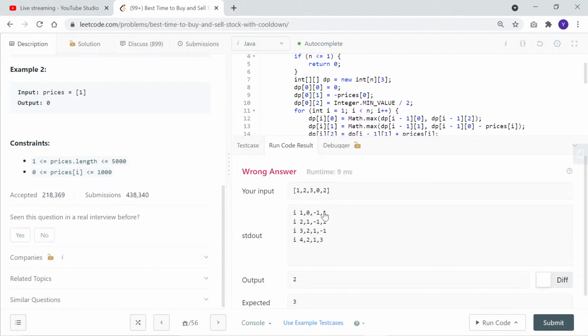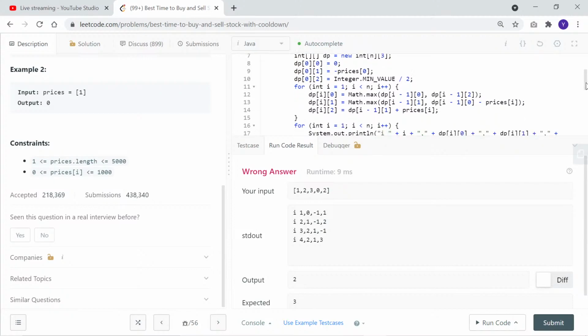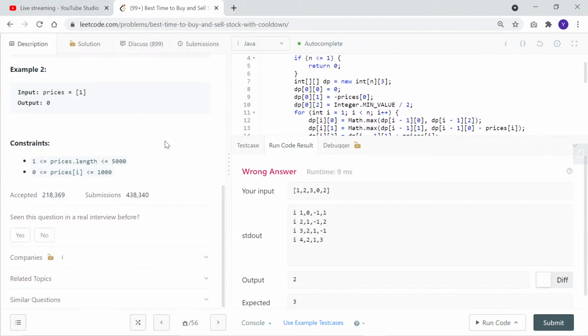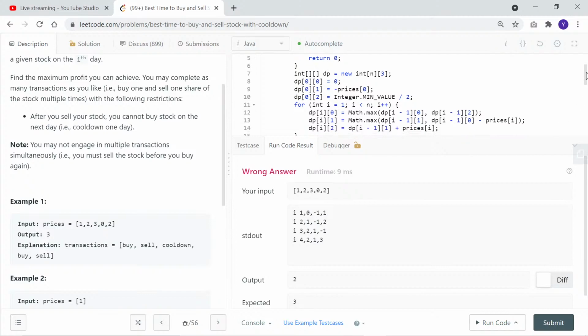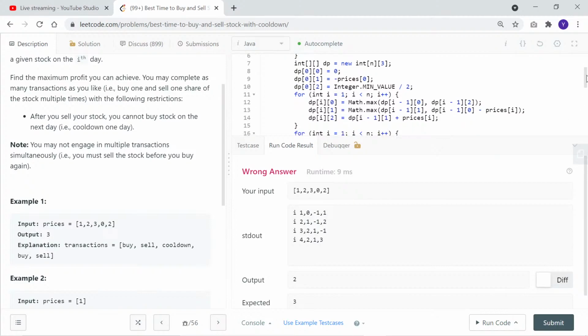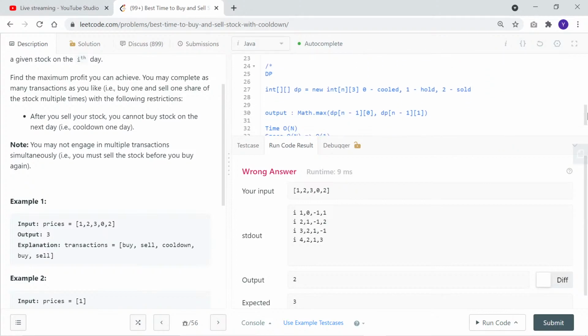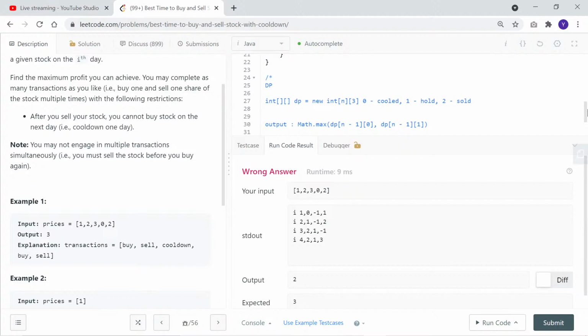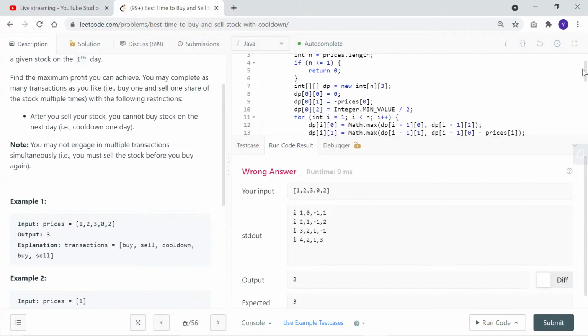So let's look at the example 1, 2, 3, 0, 2. When i is 1, if it's cooled, the max profit is 0. If it's hold, the max profit is minus 1.